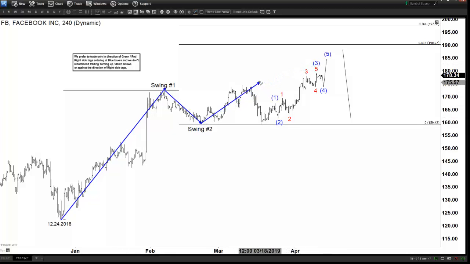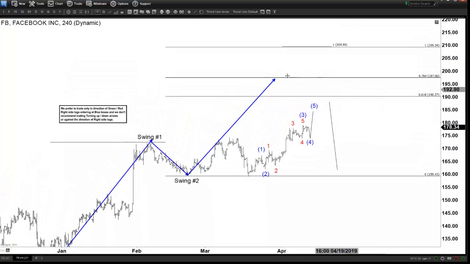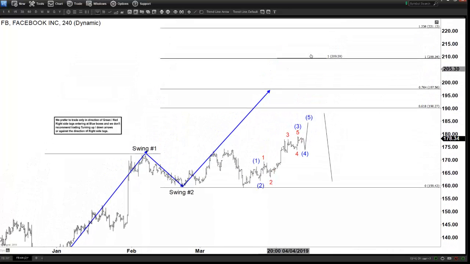Now swing number 3 ideally should reach equal to swing number 1. We are quite far away from the equal. If this has the potential to go equal, it can go as high as $210, but that is quite aggressive from where we are now, 178, to go to 209.